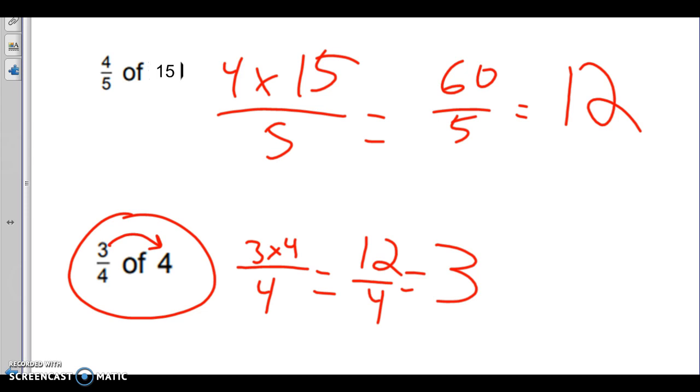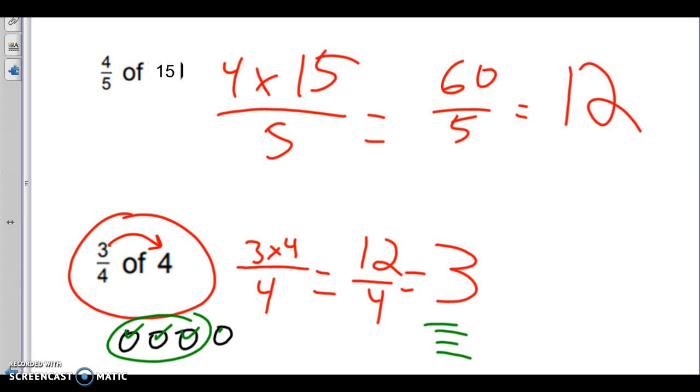If we have 4 things, and I had 3/4 of them, well, this is going to be 1/4, this is going to be 2/4, this is 3/4, that's 4/4. 3/4 of them is 3 things. I don't plan on drawing 15 things for the first one, but it would work the same exact way.